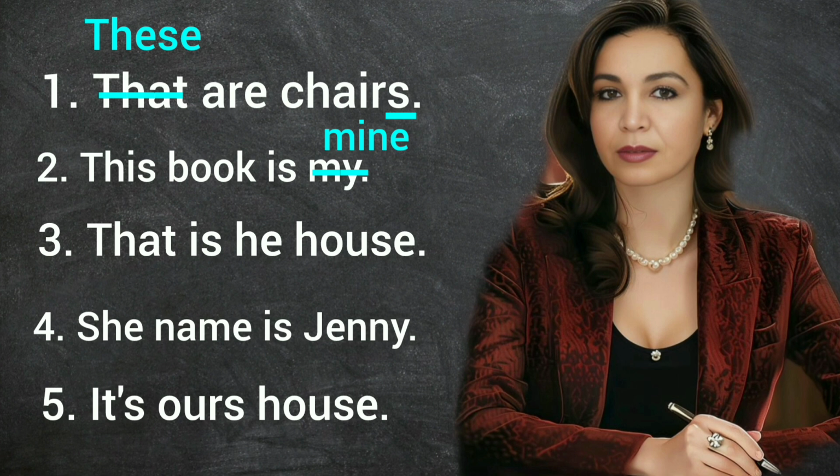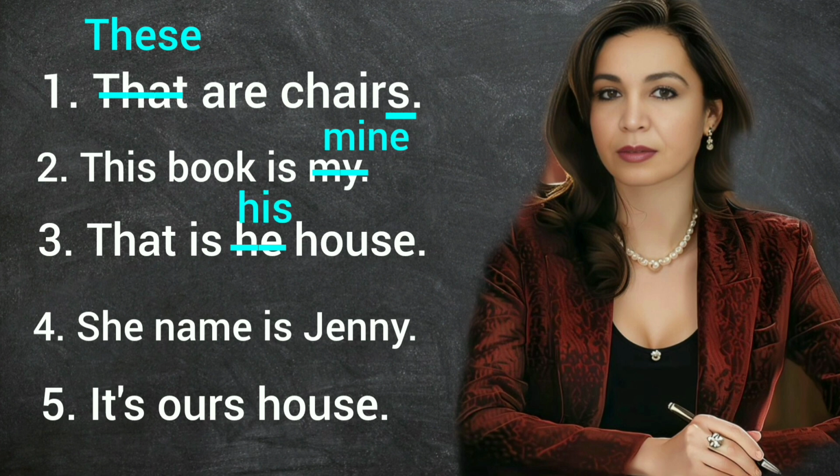Next, that is he house. In this sentence, we want to show that this house belonged to this man or boy. So this is he house is wrong. We have to replace it with the possession. So it will be this is his house because we have a noun here.